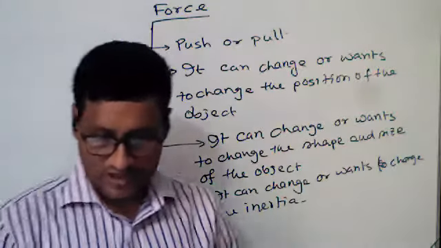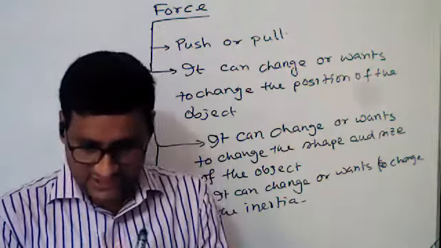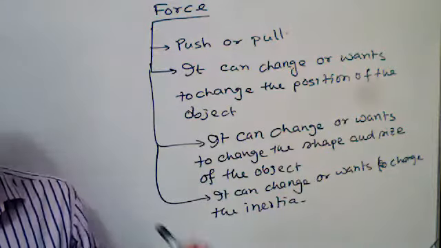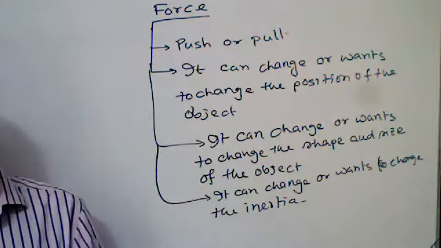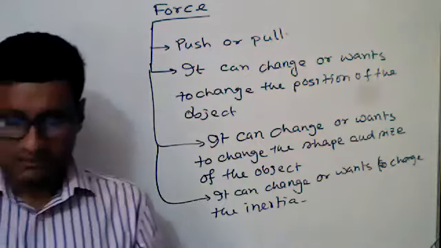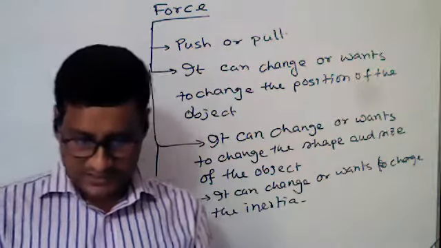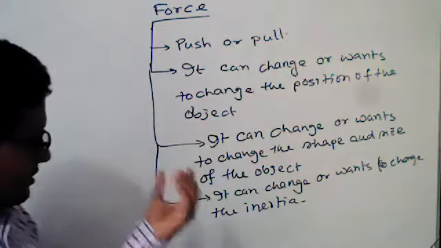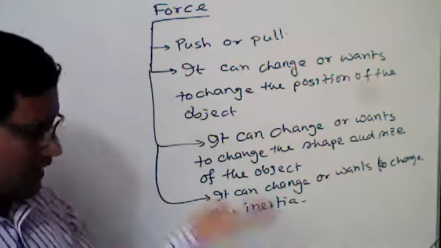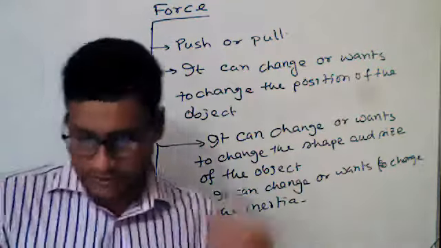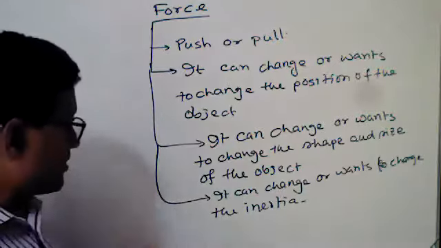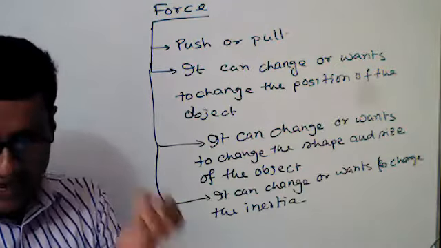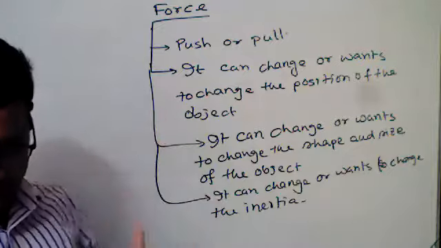Inertia means a body at rest wants to stay at rest and a body in motion wants to stay in motion. This property is called inertia, by which an object wants to retain its own position, its own state.